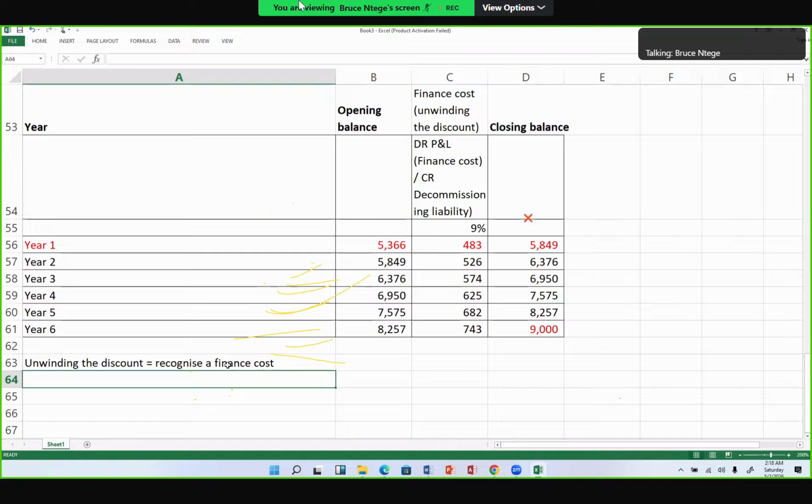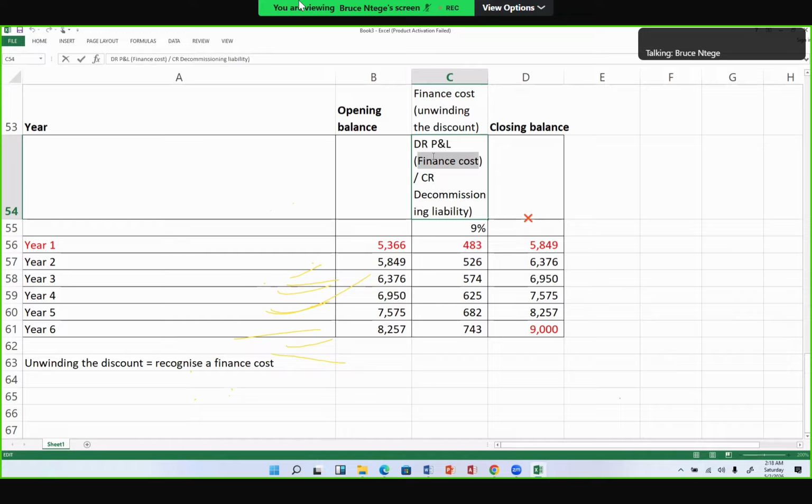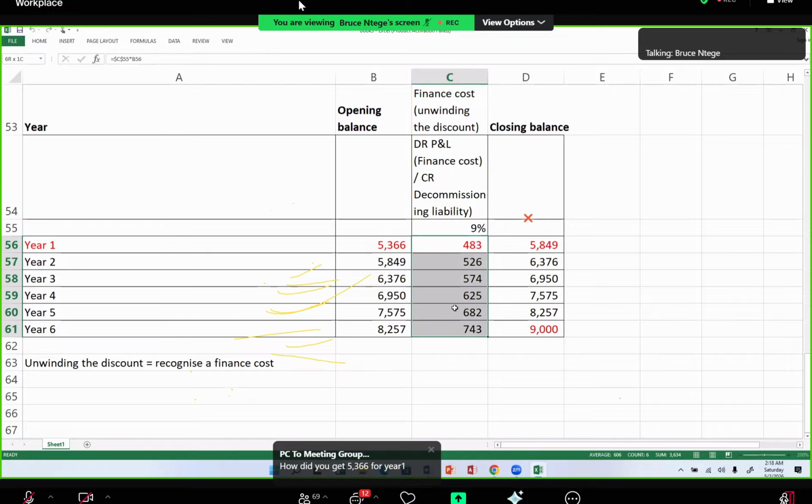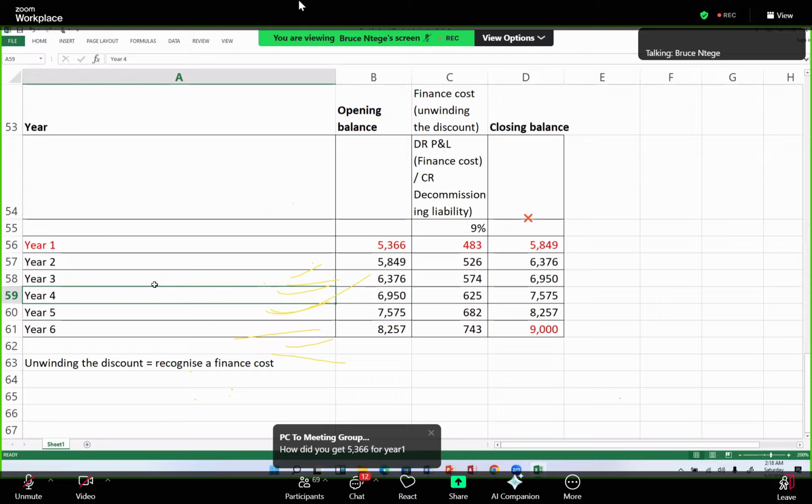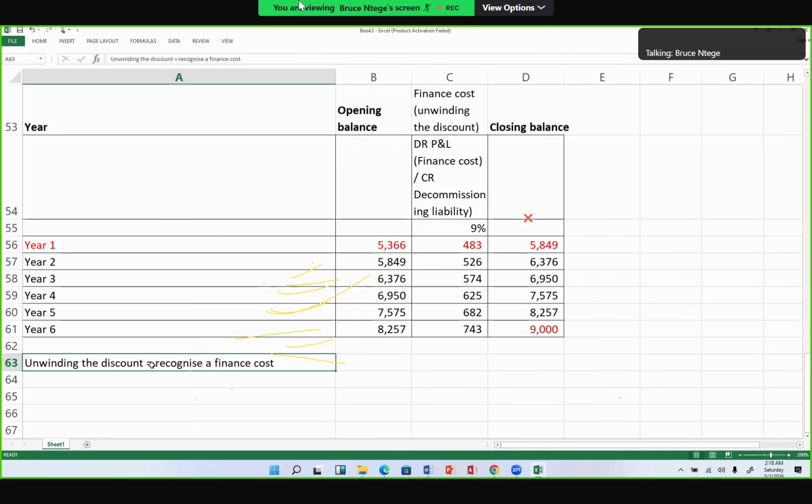So it's as good as saying that I'm going to recognize a finance cost. That finance cost is what you've been recognizing each of the years. So next time you don't have to write the words unwinding the discount. You can say, I recognize the finance cost every year based on the interest rate and the value of the liability at the start of each year. So that's technically what unwinding the discount does.